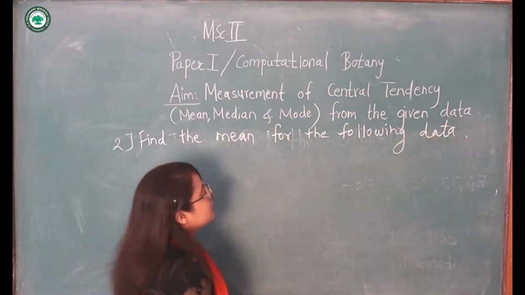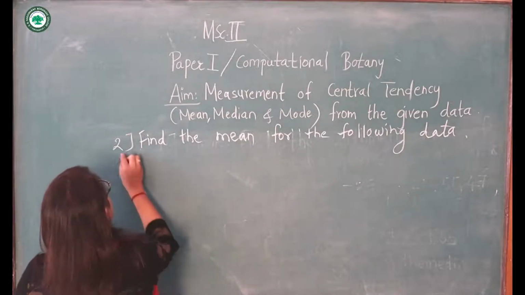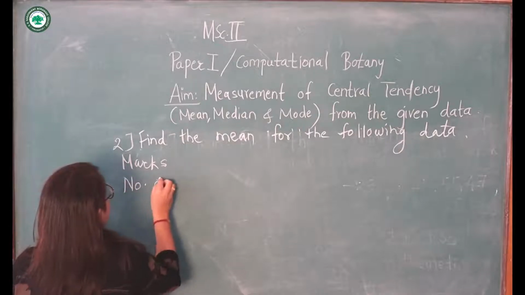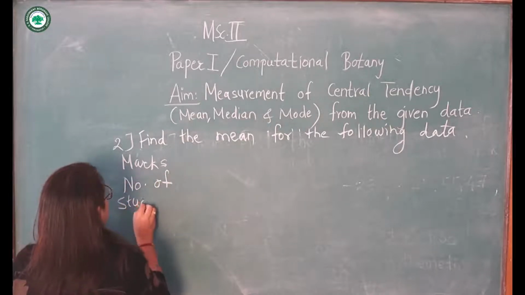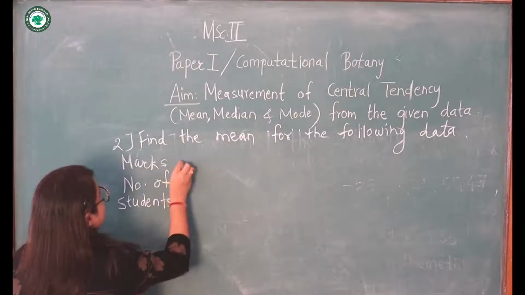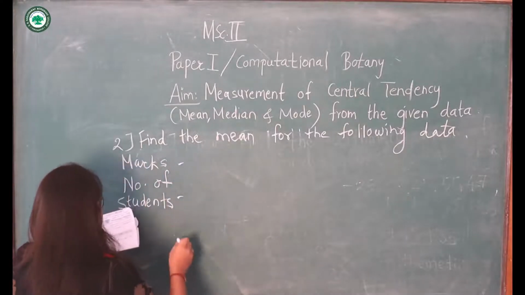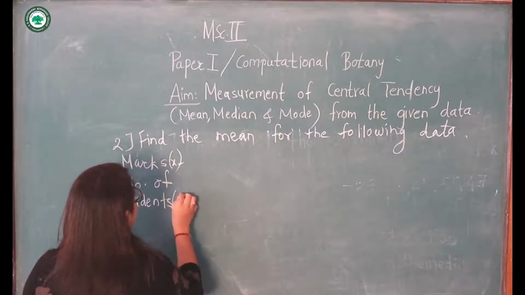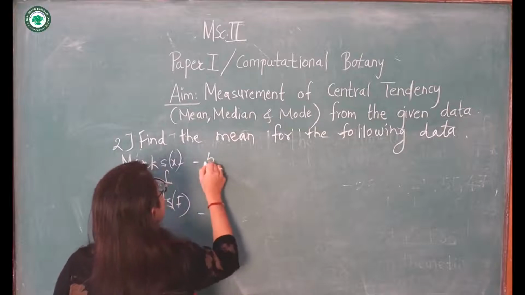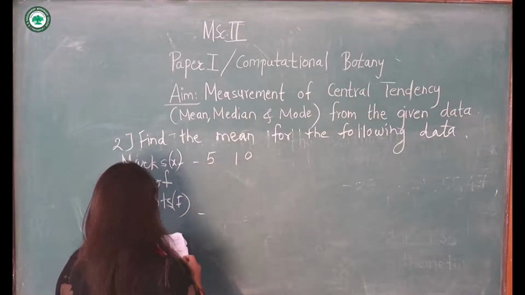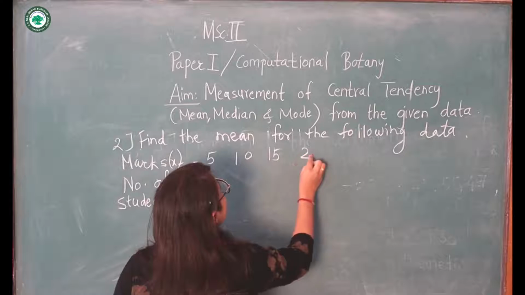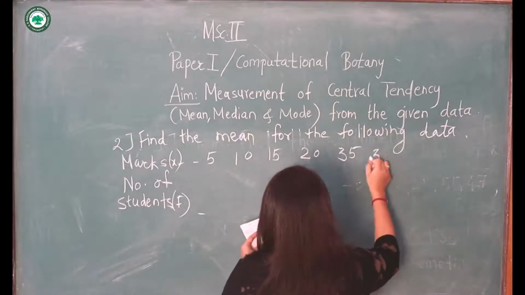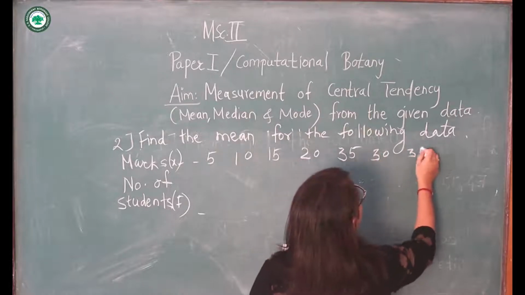Find the mean for the following data. Marks and number of students. Here marks means X and students means F. The data for marks is 5, 10, 15, 20, 25, 30, 35 and 40.